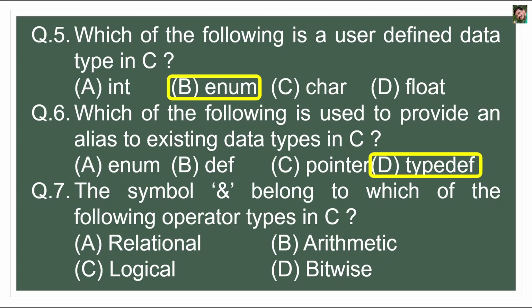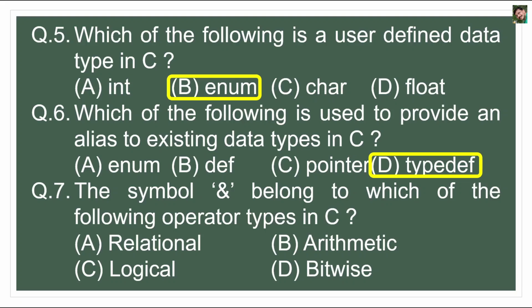Question number 7. The symbol AND belongs to which of the following operator types in C? Now there are many different operator types: relational operator, arithmetic operator, logical operator, and bitwise operator. Relational operators are all the comparison operators like equal to, not equal to, greater than, greater equal, less than equal. Arithmetic operators are plus, minus, multiplication, division, and modulo, the percentage operator. All these are arithmetic operators. Logical operators are like and, or, not, exclusive or, and all these are logical operators.